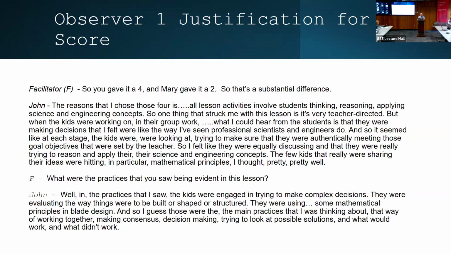They're designing blades for a wind turbine. This dimension focuses on science practices, which considers the extent to which students are authentically practicing science and engineering by thinking, reasoning, applying science and engineering concepts, and making decisions in ways similar to professional scientists or engineers.